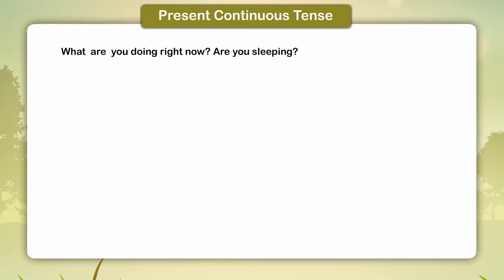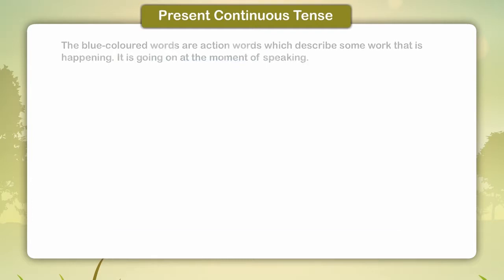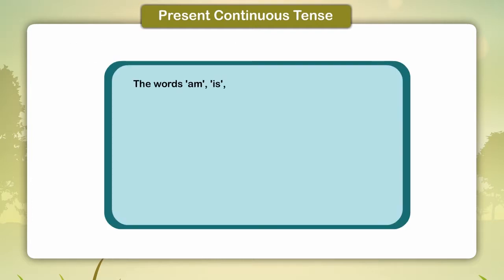Are you sleeping? The blue-colored words are action words, which describe some work that is happening. It is going on at the moment of speaking. The words am, is, are are the simple present forms of the verb be.